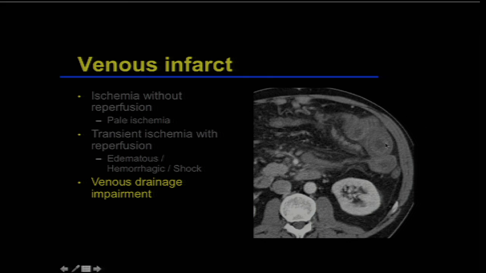But what we also see is marked wall thickening of the bowel. Why is that? It's because we have high pressure arterial flow still trying to get into the bowel, but we've obstructed the outflow of blood into the vein. And so these segments of bowel tend to become very thick-walled very quickly after this event happens.